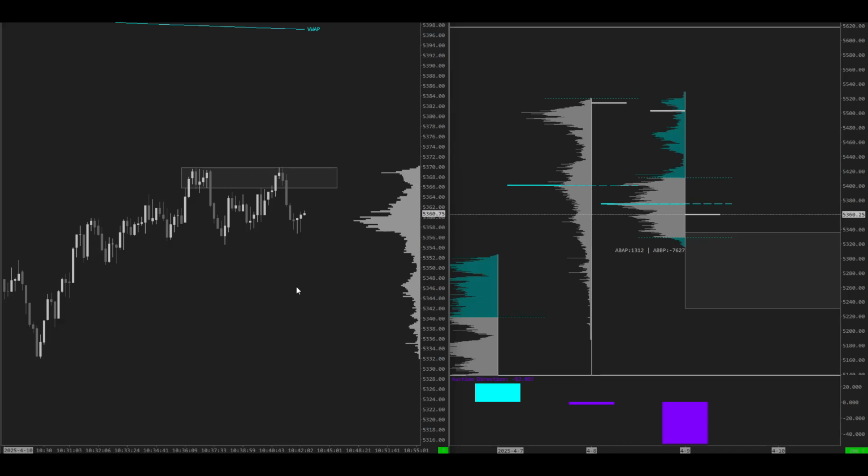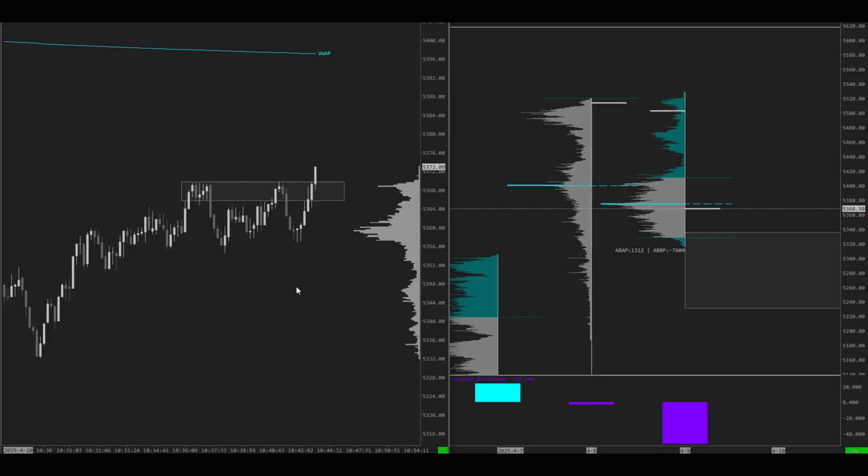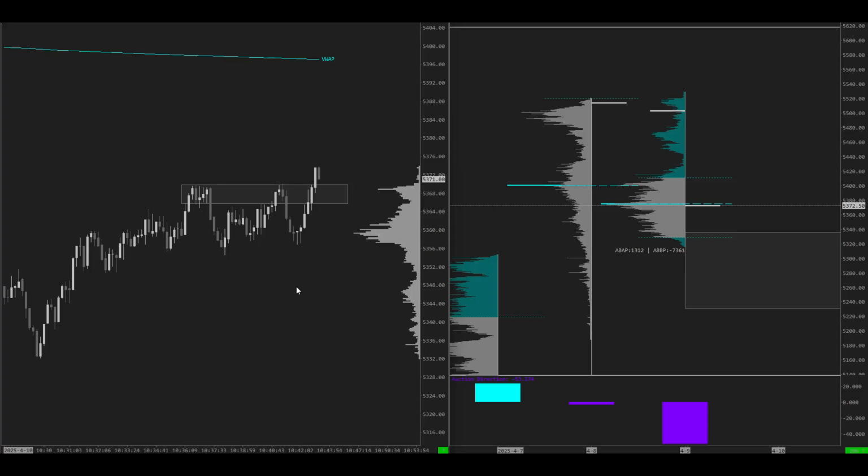Okay, those bars are printing pretty quickly right now. Okay, we want to see it reject right here. Yeah, like I was mentioning earlier, one of the rejection areas would be like POC. It's up near POC now, so.